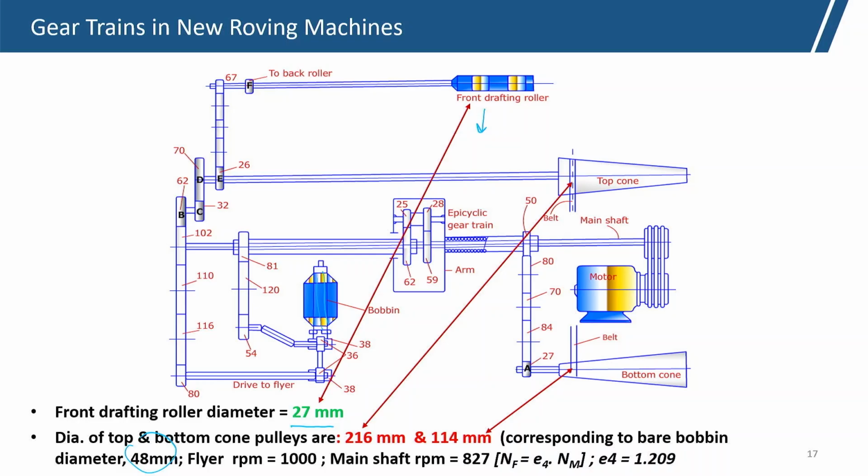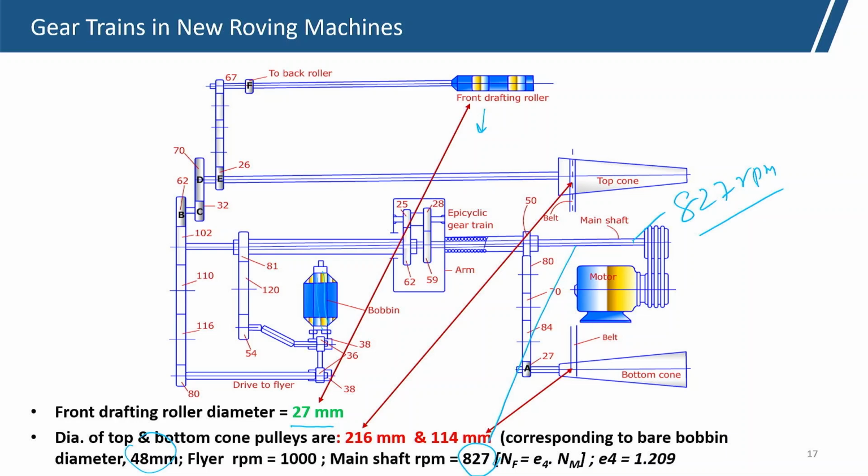The flare RPM is 1000 RPM, which we have fixed, and the main shaft speed is 827 RPM.